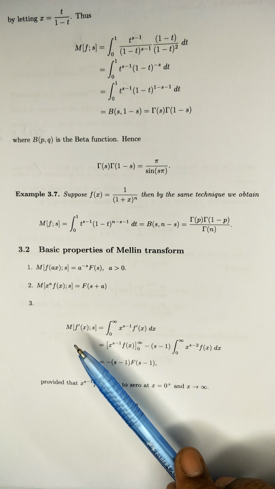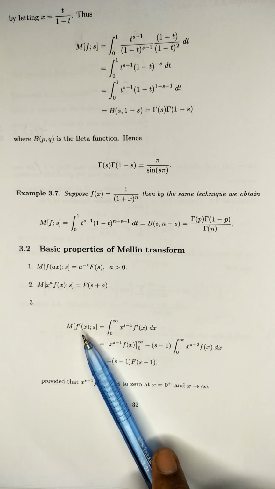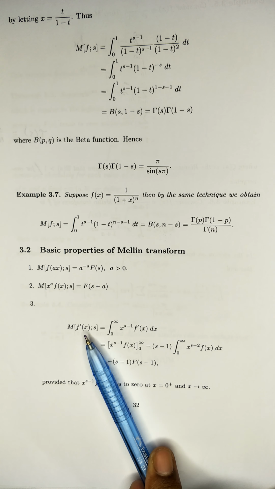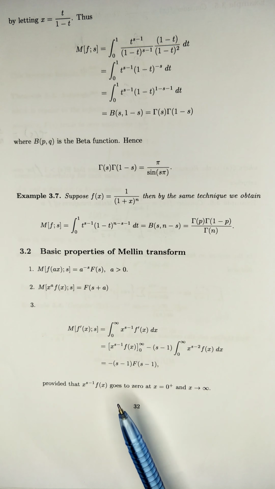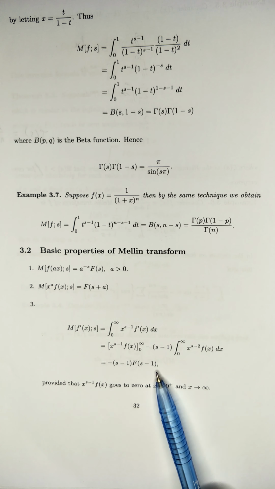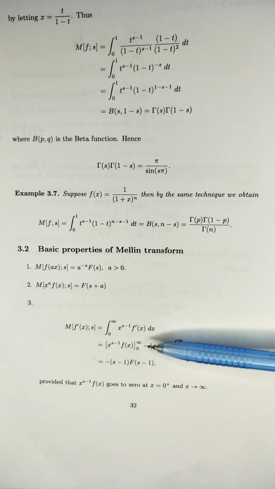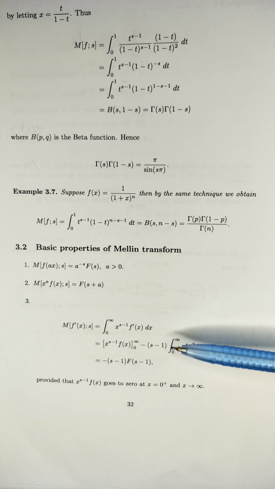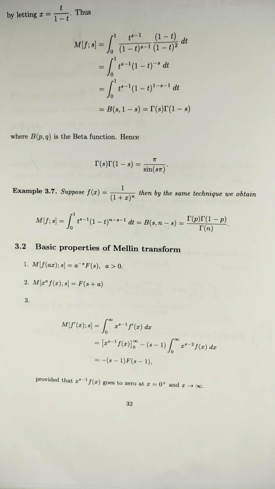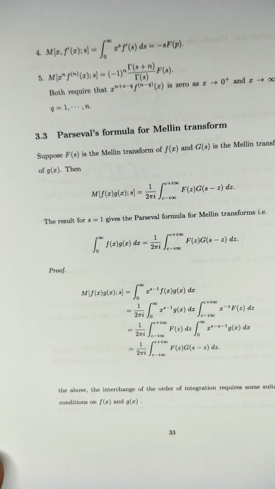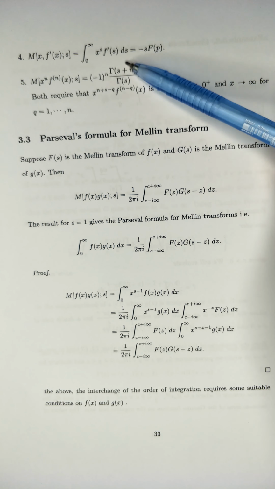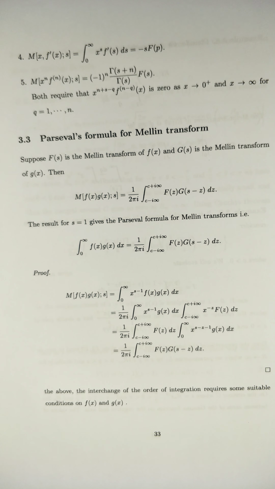And for M of f prime, the Mellin transform of the derivative of the function is given by minus (s-1) times F(s-1). So these are the proofs you can see there. From here to here, this is just using integration by parts. Also, property number 4 and property number 5 are given here. You can prove those things.